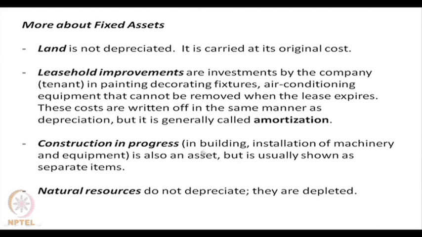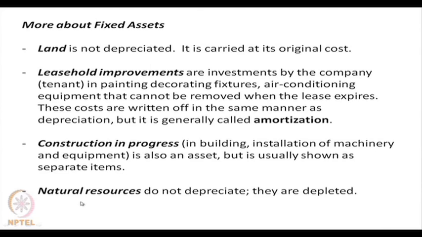Now, while making a building or installing machinery and equipment, it might take quite a long time and a lot of money may be invested in the process. That is called construction in progress. That is also an asset, but usually not shown as a separate item.